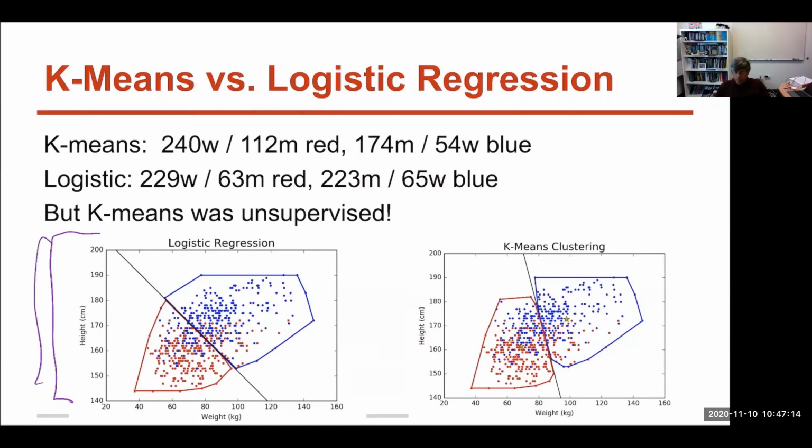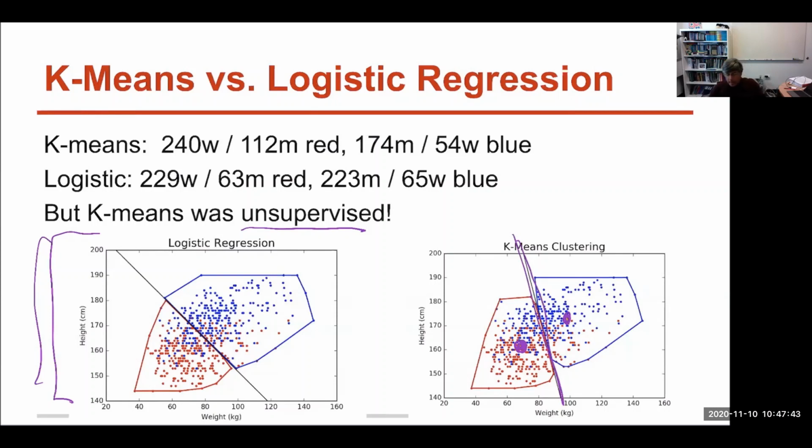When, in an unsupervised way, we just took these points and said, find me two cluster centers. There's one of them, there's another one that best partitions the points. These two points, the perpendicular bisector to them, defines a separating line.